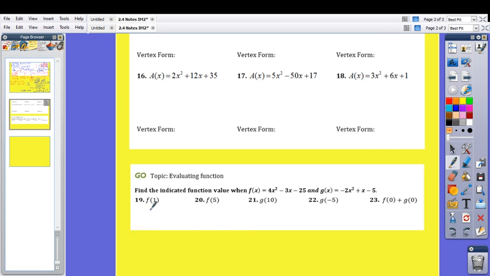If it is asking when x is 1, what is the function value of the function f, you just plug 1 here for x and calculate. If it is asking g of x when x is -5, you plug in -5 for x in the function g of x. Okay, so you will be doing 1 to 23, and we'll talk about it tomorrow.